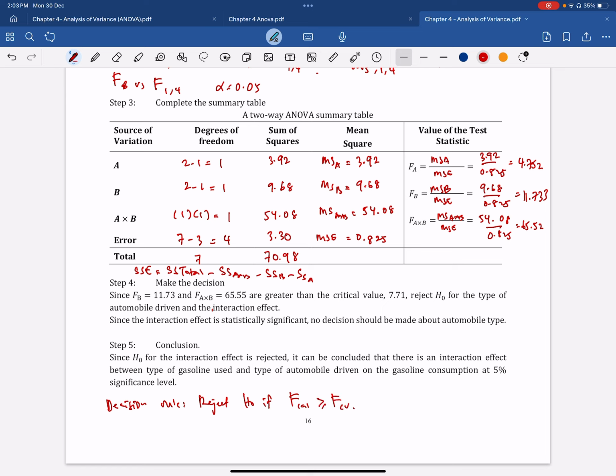So from here we can see that FB and F for the interaction, A times B, are greater than the critical value 7.71. So for these particular F, we reject the null hypothesis.